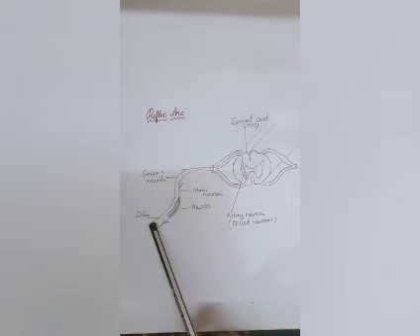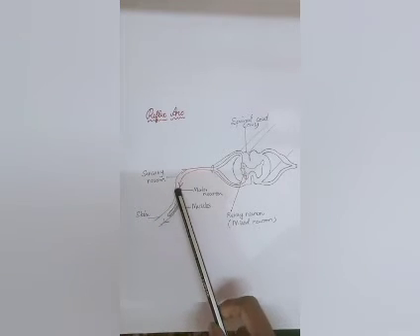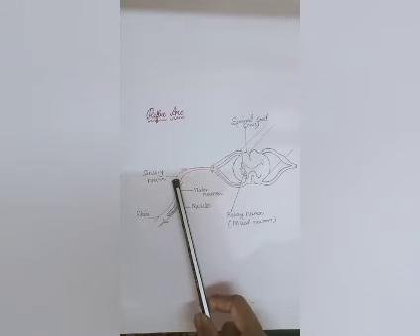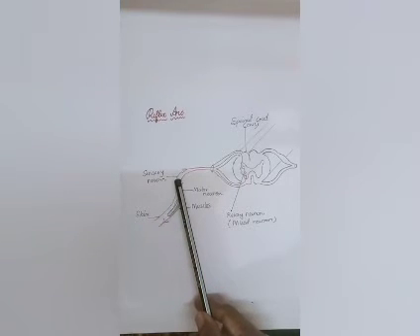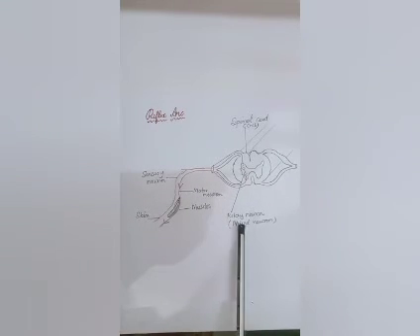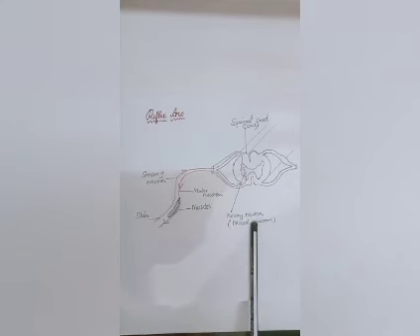Now, the information is carried by the sensory neuron. As we have studied under neuron, there are three types of neurons: sensory neuron, motor neuron, mixed neuron, or it is said relay neuron.